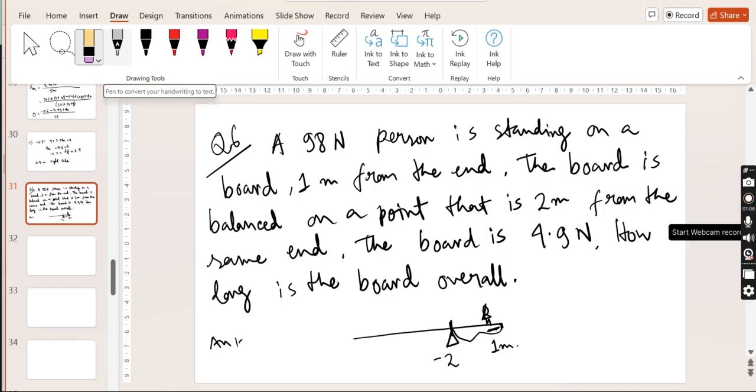So we need to calculate how long the board is. The board is a symmetric thing, so if we find the center of mass and double it, we will get the length of the board.